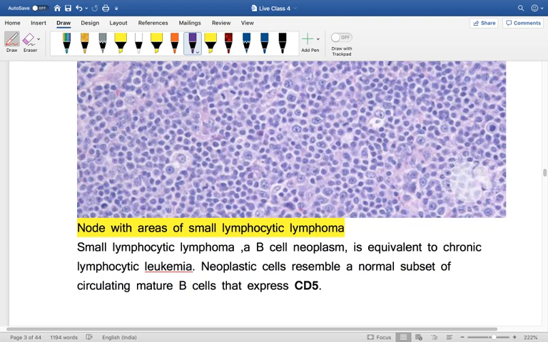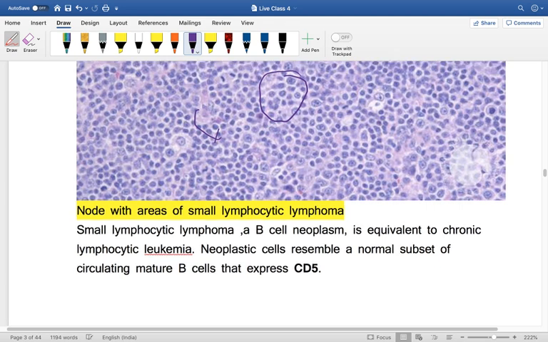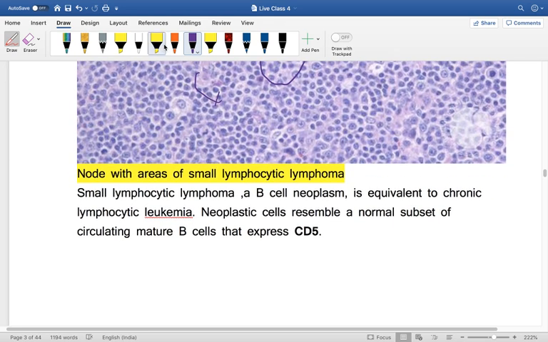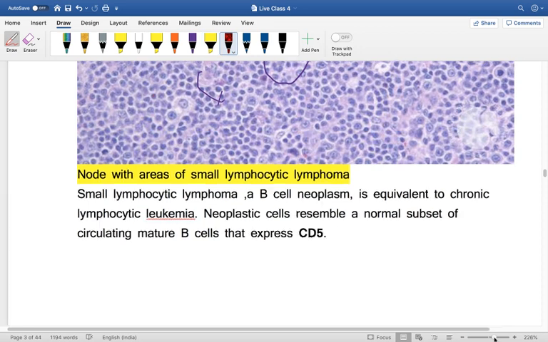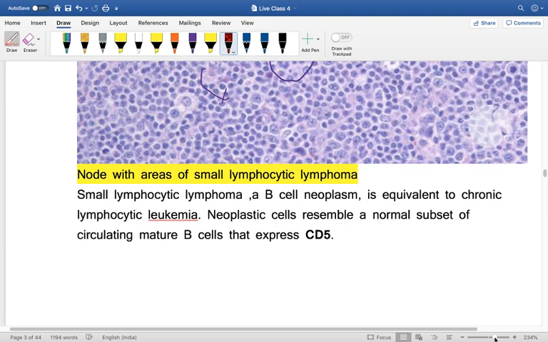So doctor, what you are seeing here is a node with small lymphocytic looking lymphoma. It is called small lymphocytic lymphoma. What is the importance? Why is the examiner interested in this? Because small lymphocytic lymphoma is a B cell neoplasm.